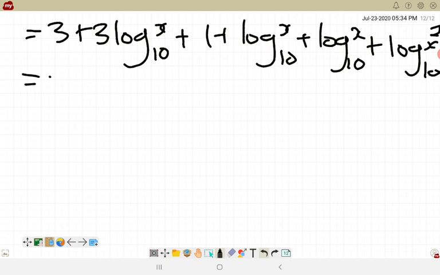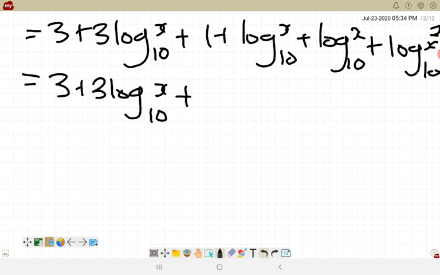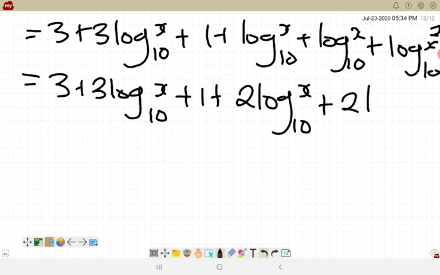So this is the same thing as 3 plus 3 log x base 10 plus 1 plus 2 log x base 10 plus log x squared base 10, which will give us 2 log x base 10 as well.